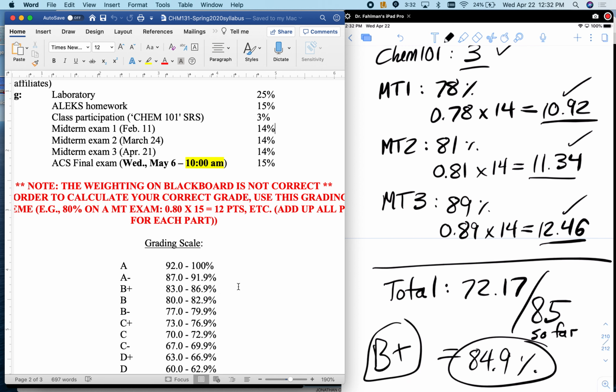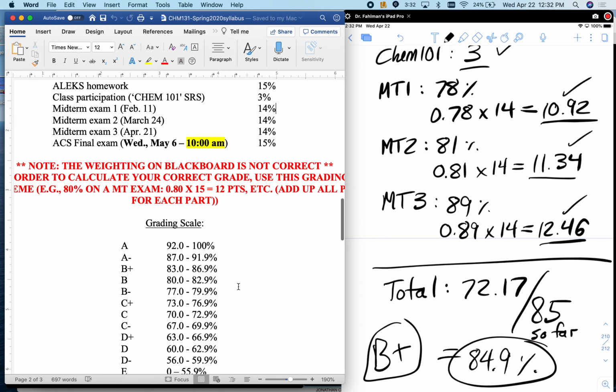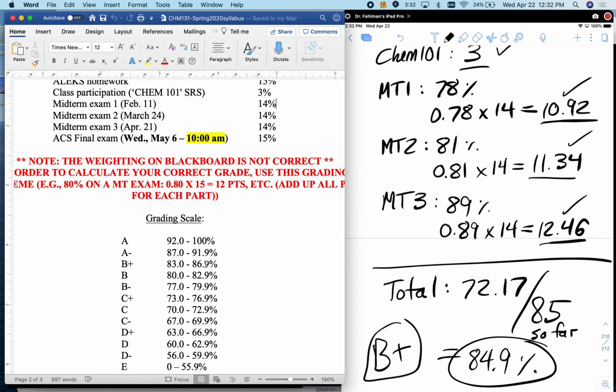Okay, so that is how you calculate your grades. Because of everything that's happened this semester, I'm going to be somewhat flexible, more flexible than I have been. Usually I'm quite strict about these cutoffs. So if you're 86.7 or 8 or something, it's usually not high enough to boost it up.